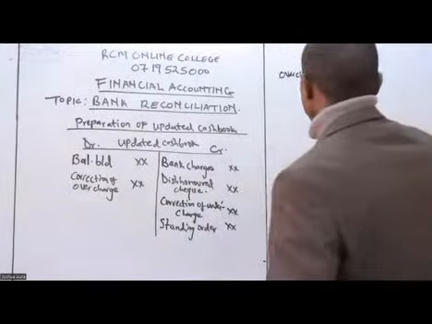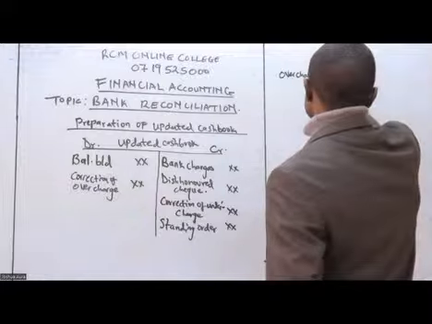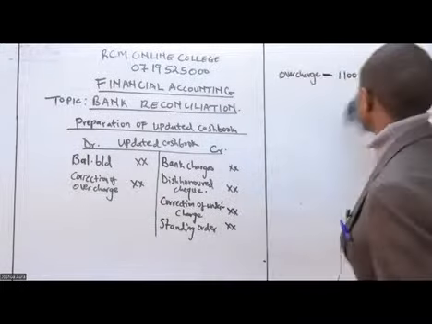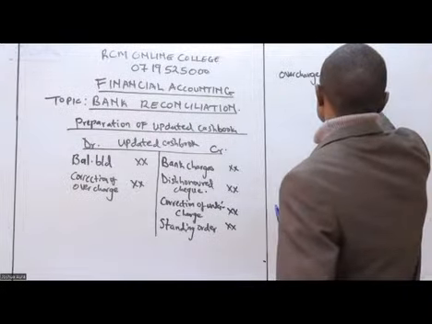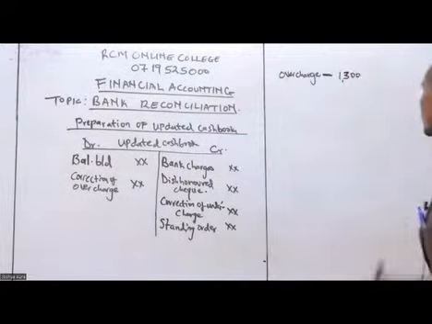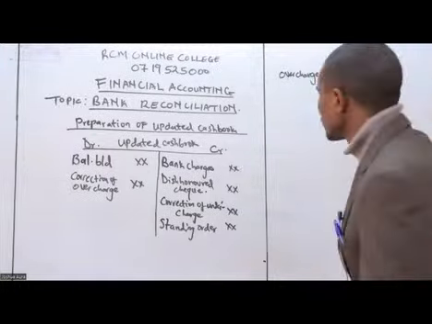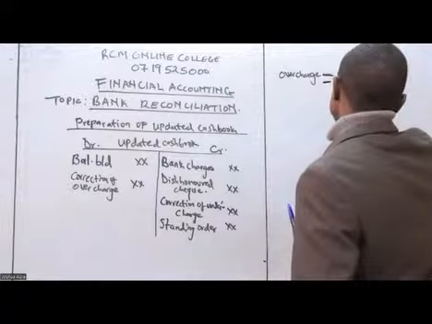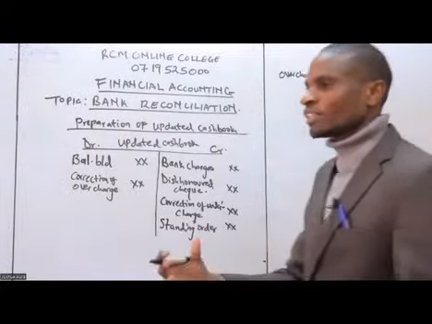Assume you are given a transaction which was expected to have 1300. But when you are recording, you mess up and transpose this to 3100. For this, you can see we have an overcharge.